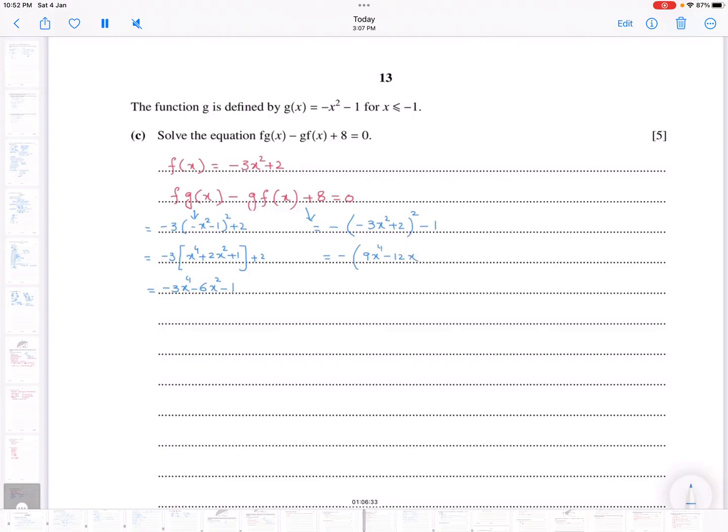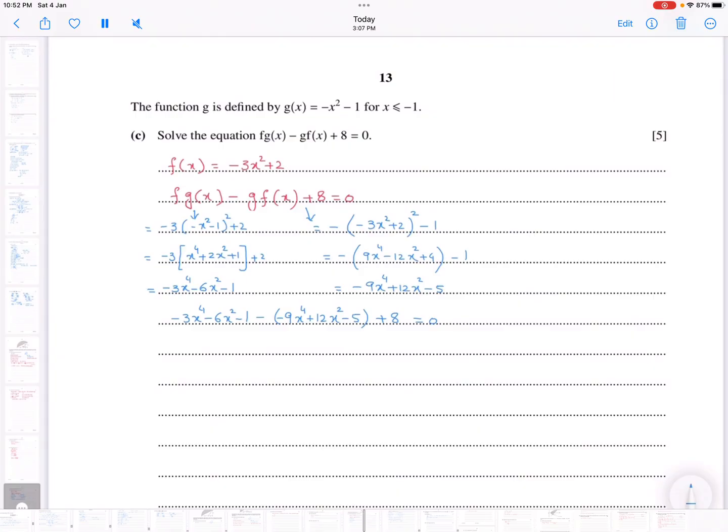Now simplify this. I am using the (a minus b) whole squared identity. Now minus this plus 8 equals 0.